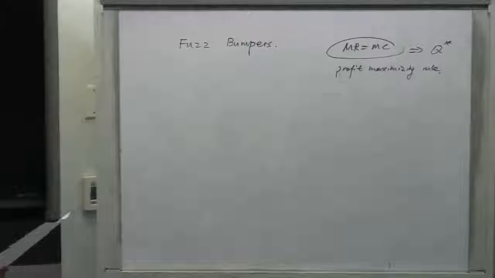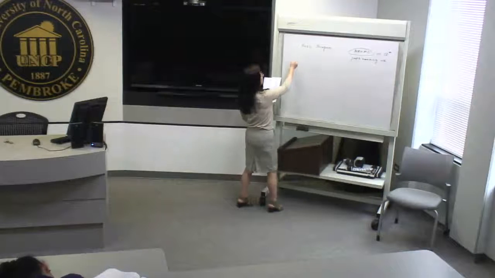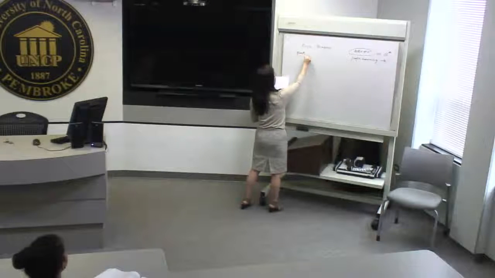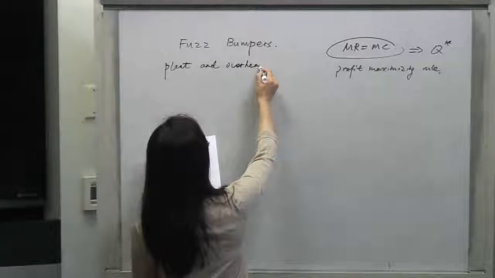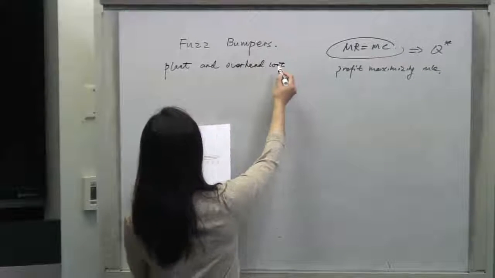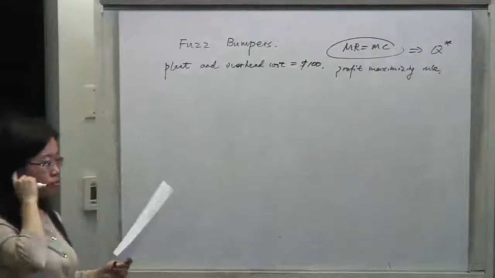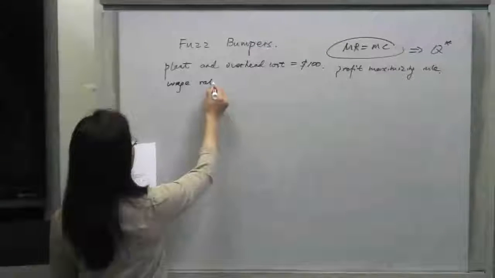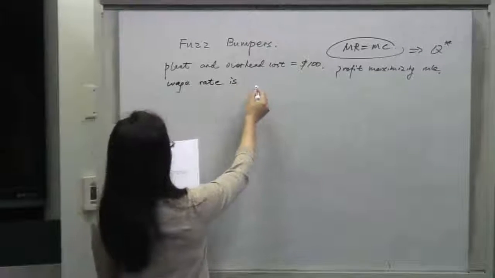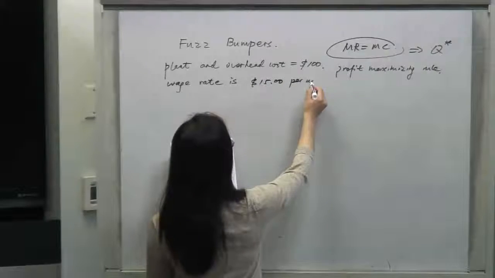Okay, bumper sticker manufacturer. What I gave you here is the plant, and overhead cost is $100. The wage rate is $15 per unit of labor.